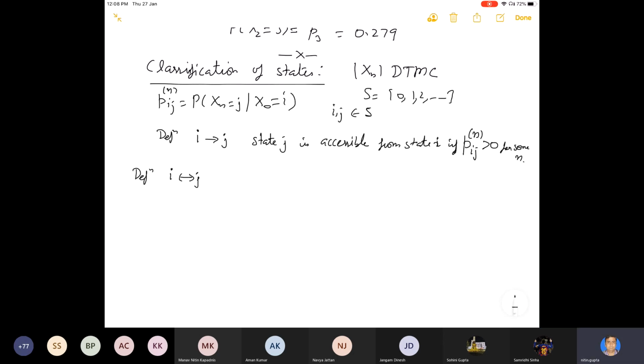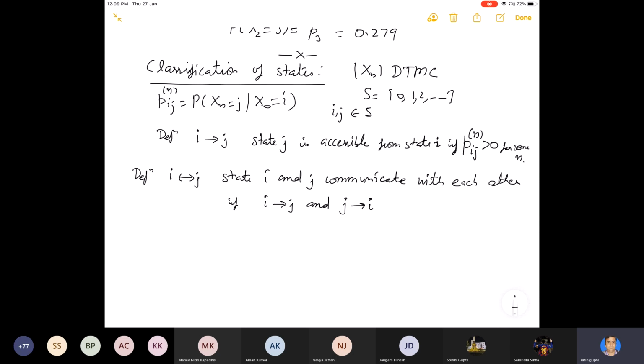we say states i and j communicate with each other if j is accessible from i and i is accessible from j.